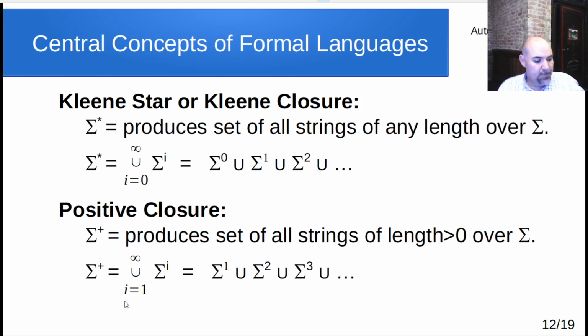All right, now, taking that concept and continuing with it, there are two things that we want to define here. One of them is called the Kleene star, or sometimes the Kleene closure, sometimes just called star. But essentially, and Kleene is really not the right way to pronounce that.